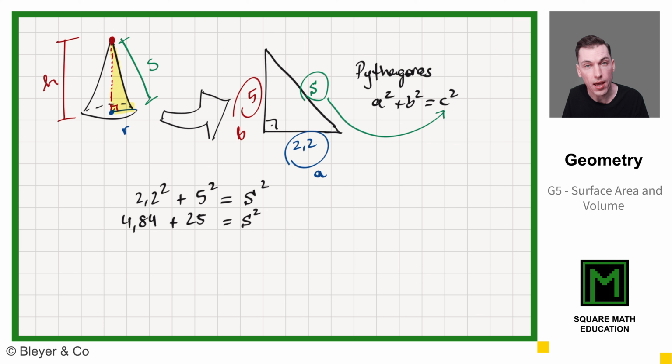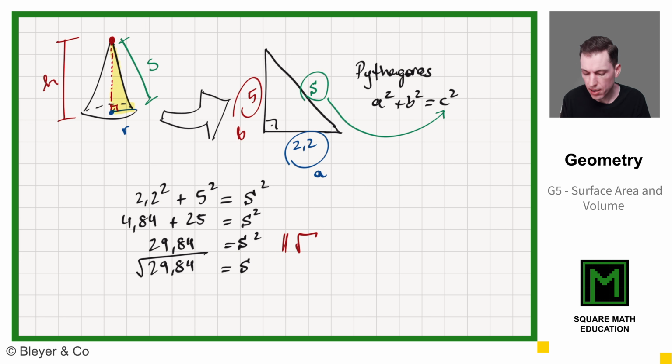Remember, to find s from s squared, we need to do the inverse operation, which is the square root. After adding them up, this is 29.84 equals s squared. Don't forget the square root on both sides.